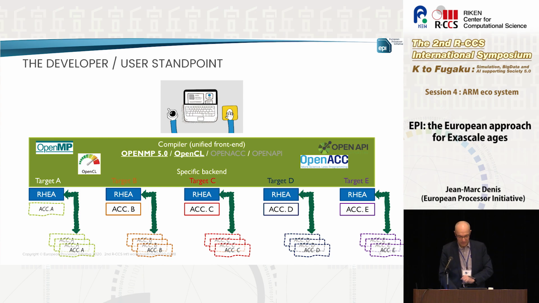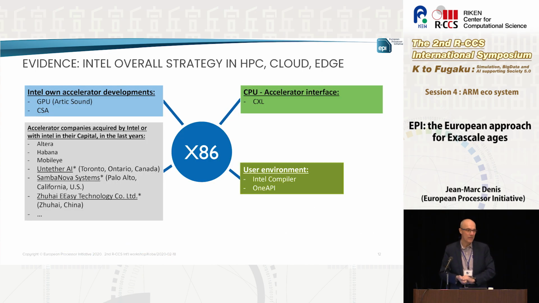And as a matter of fact, if we look at Intel's overall strategy, this is exactly what they are implementing. If you look at what they are doing with their own developments, x86 is very central in Intel's strategy, obviously. This is where they make their money, and this is where they are coming from.